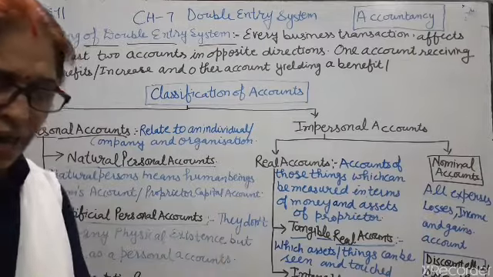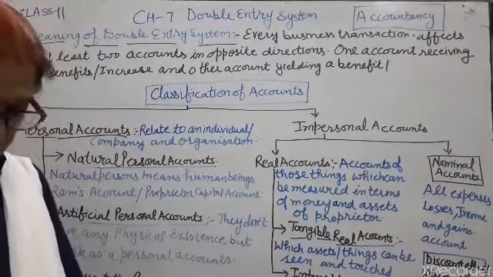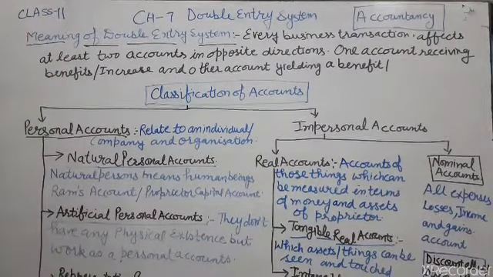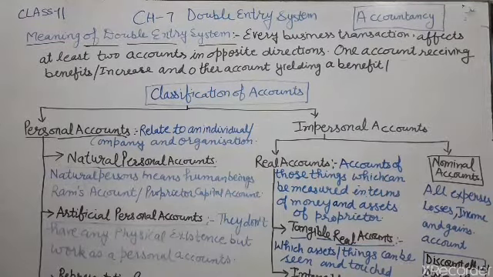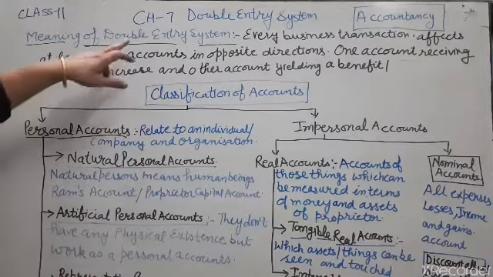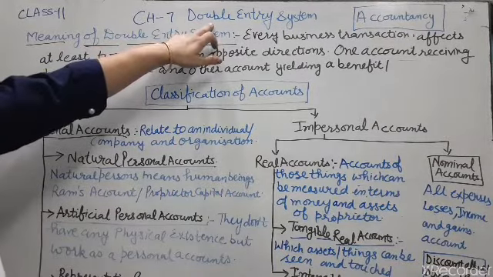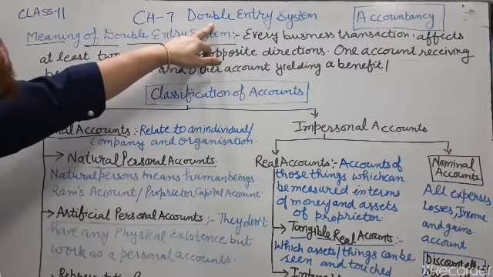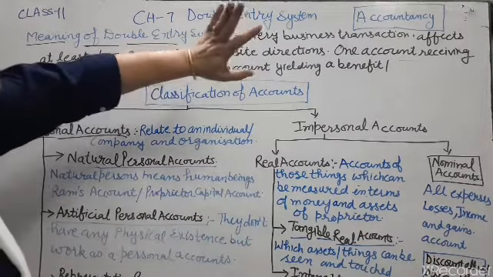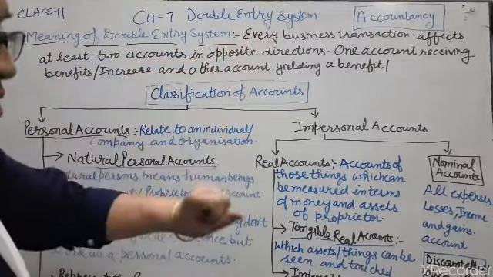Number one, the American method, and second, the English approach. The English approach is also called the double entry system. So there are two methods, and the second method, the English approach, traditional approach, or double entry system, are all the same.